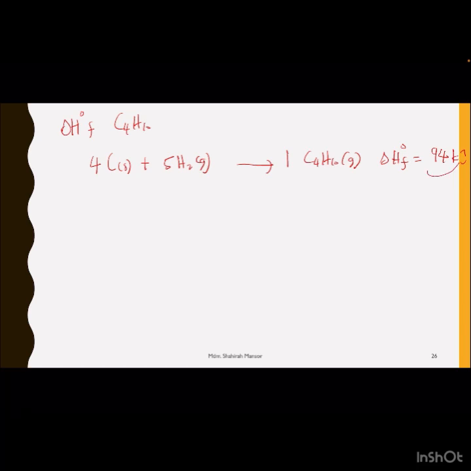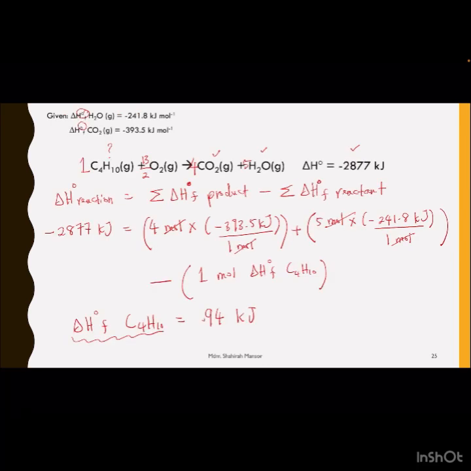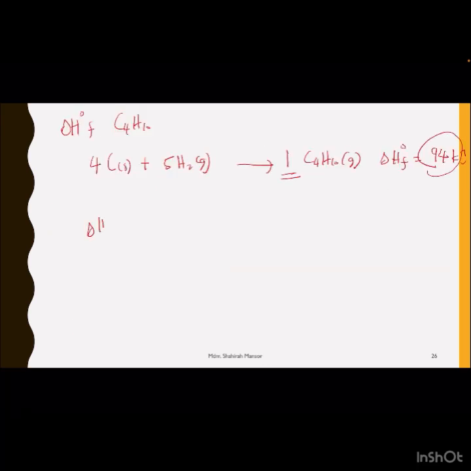This 94 kilojoule is the value that represents 1 mole of butane formed from this reaction. So from this answer, you have got delta H formation for C4H10 is 94 kilojoule.